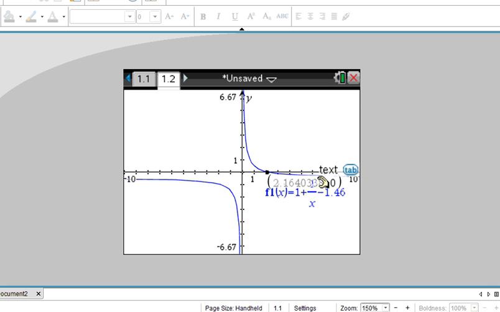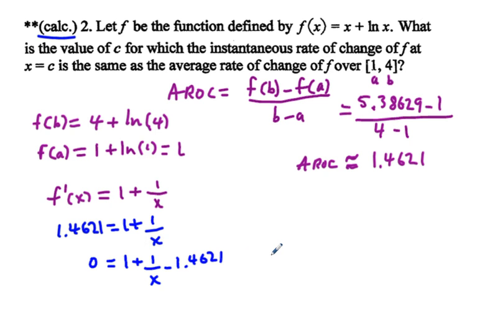Okay, we get all these significant figures: 2.16403. So to significant figures, we get 2.164. Okay, so this would be our IROC, instantaneous rate of change.